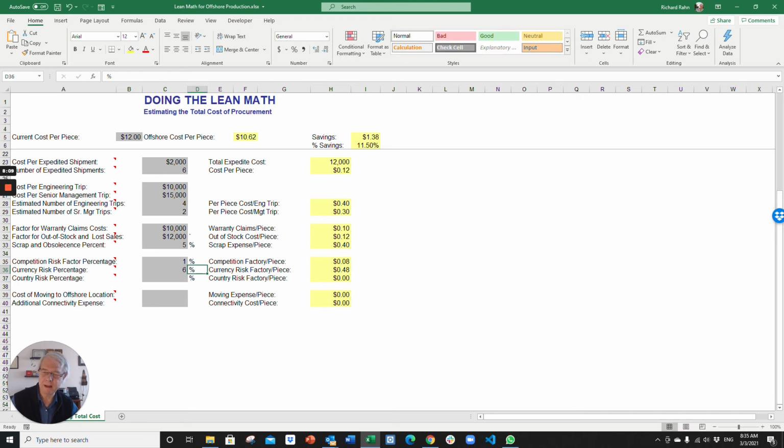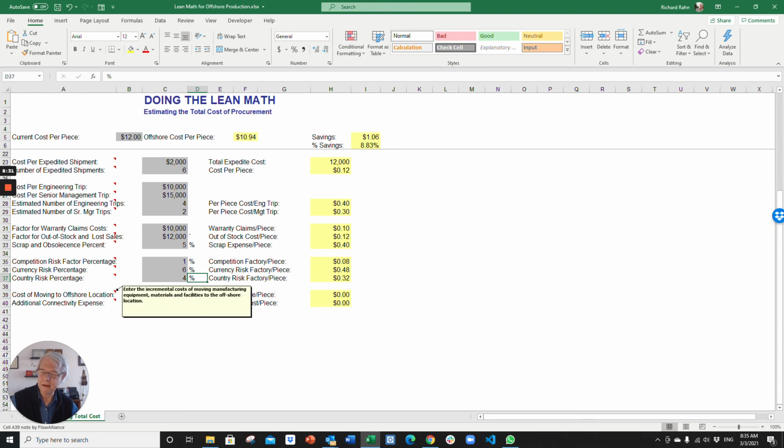But let's put in a factor of, say, 6%. And then country risk, adjust for political uncertainties, like pandemic, for example. Case in point, impact of SARS, it says, could be reflected here. That could be significant. So we'll put in a 4% estimate there.